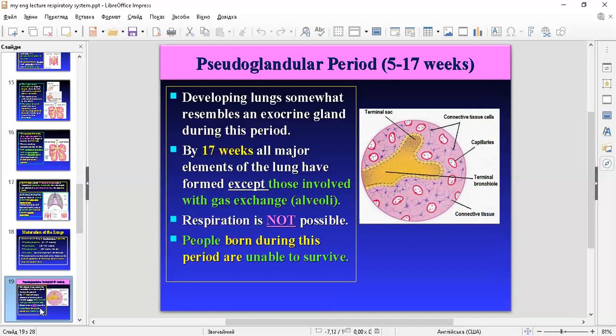Respiration is not possible. People born during this period are unable to survive.